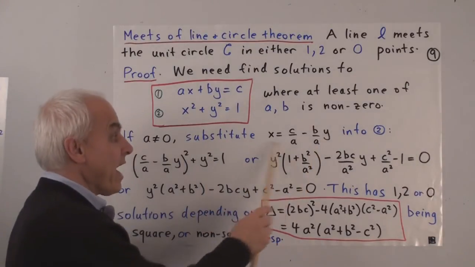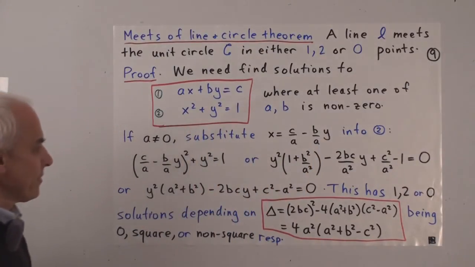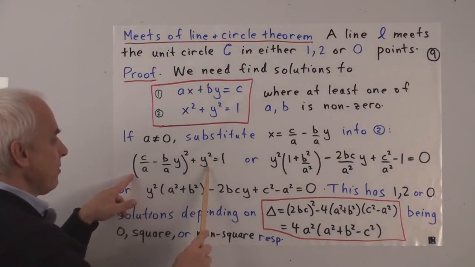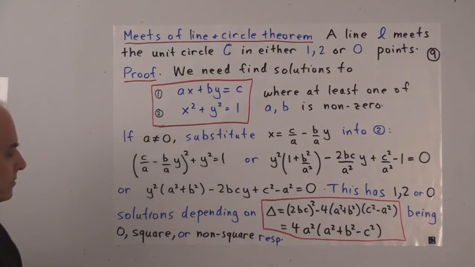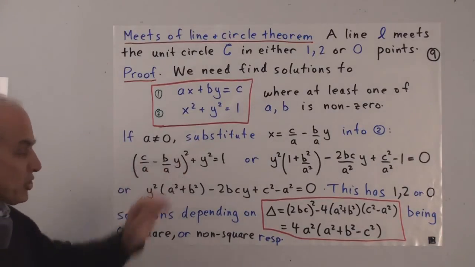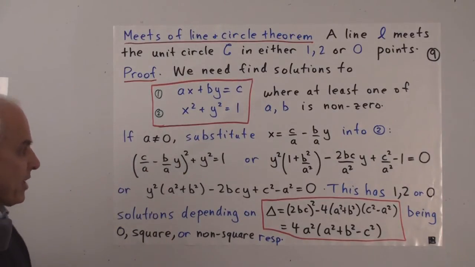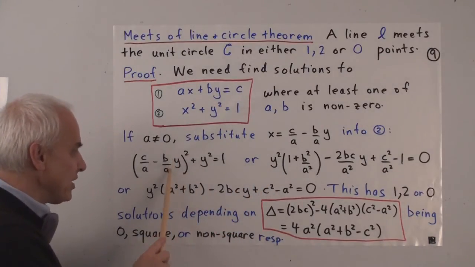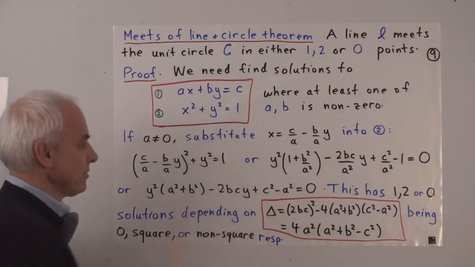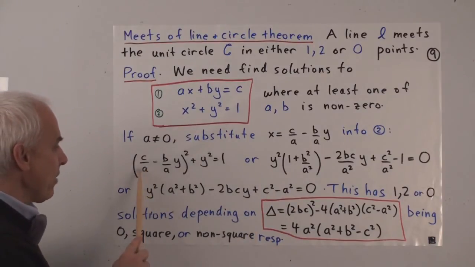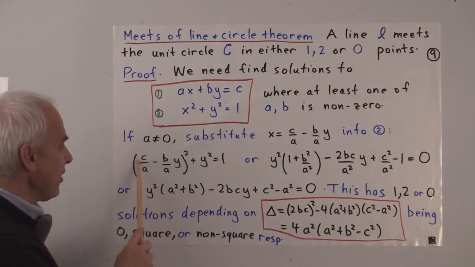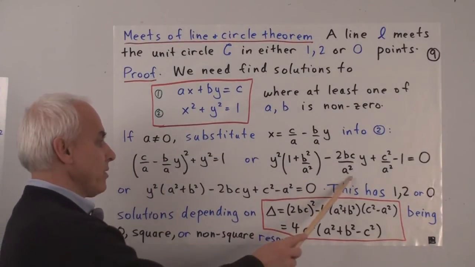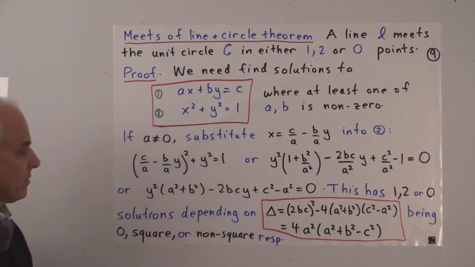And then we can plug that into equation 2. So there's x squared plus y squared equals 1. That's now an equation only involving y. It's a quadratic equation. So it's y squared times 1 plus b squared over a squared. Coefficient of y will be minus 2 times this, so minus 2bc over a squared times y.